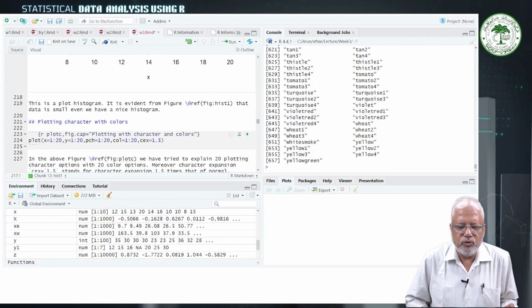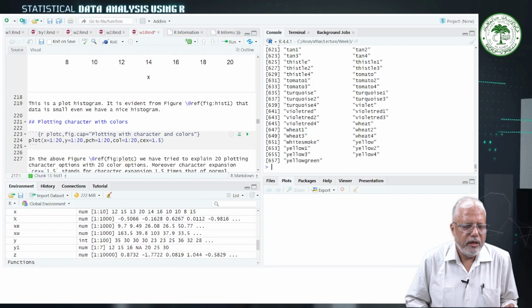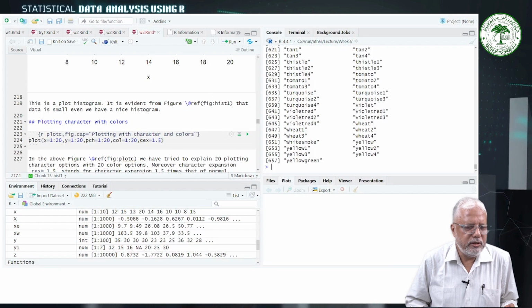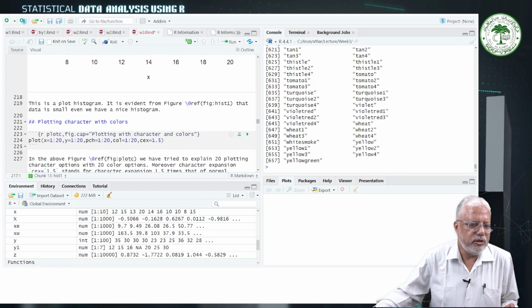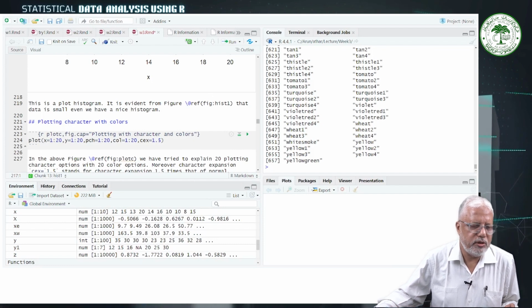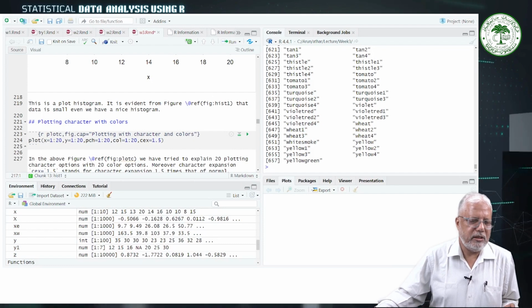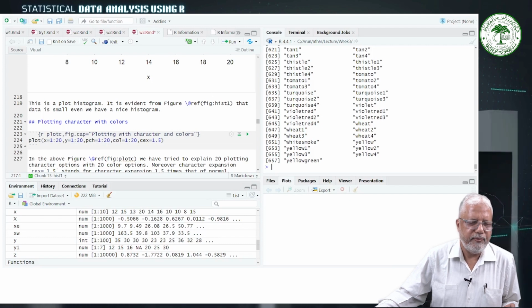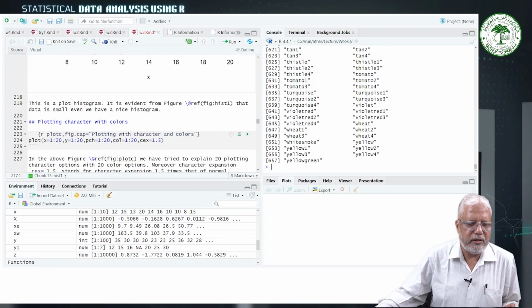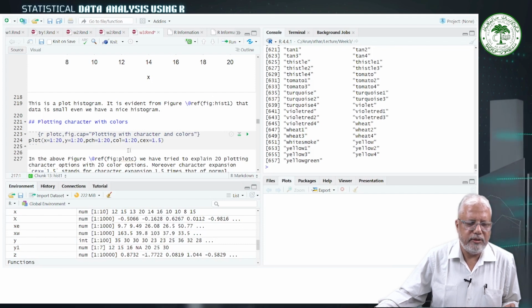Here I am going to show a plot in which the x-axis is 1:20, the y-axis is 1:20, and the plotting character pch is 1:20, so each point has a different shape, and each is shown in a different color, col 1:20.